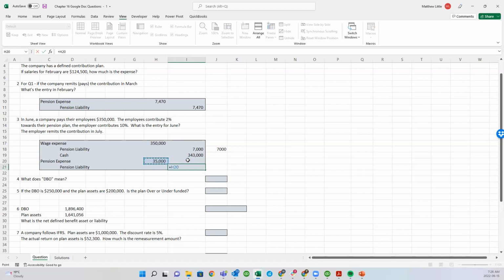That becomes our debit to pension expense and a credit to pension liability. So our total pension liability for the month of June will be the $7,000 plus the $35,000. In July, we will remit the sum of those two, $42,000, to our trustee.